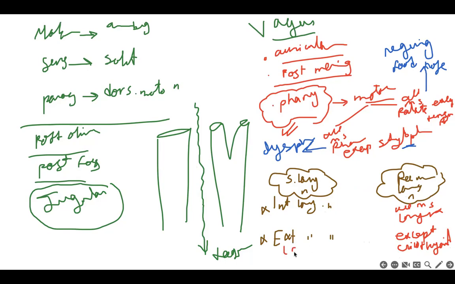So the external laryngeal supplies the cricothyroid muscle. The internal laryngeal supplies the sensation above the vocal cord. Only sensory. But the recurrent laryngeal also supplies sensation below the vocal cord.